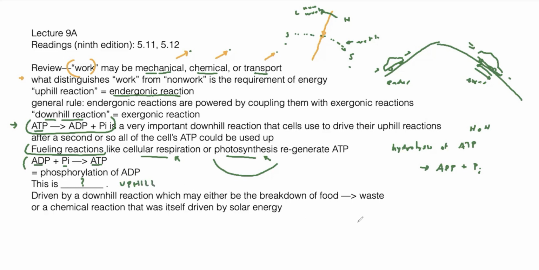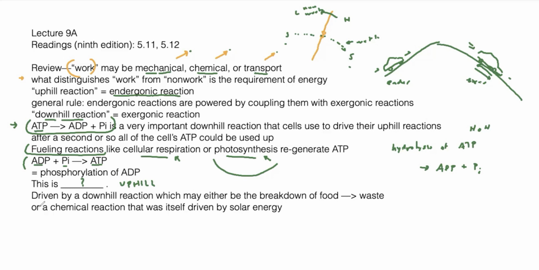Okay. And so here's the thing, right? This uphill reaction would need to be driven by a downhill reaction, right? And so I guess now we're thinking on a completely different level, right? At the cellular level, we know that we've got a whole bunch of uphill reactions that are driven by the conversion of ATP into ADP and phosphate.